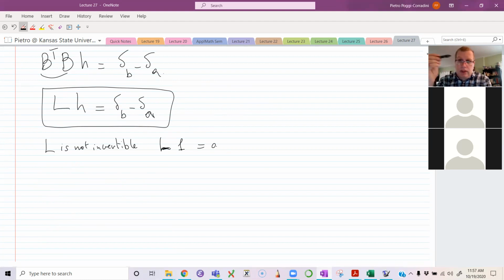The rows of the Laplacian sum to 0. So there's always this non-zero vector in the kernel, so the Laplacian is not invertible. But what we can do is take the pseudo-inverse. All right, so let's think about that.